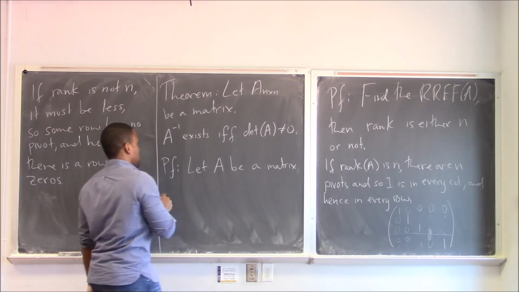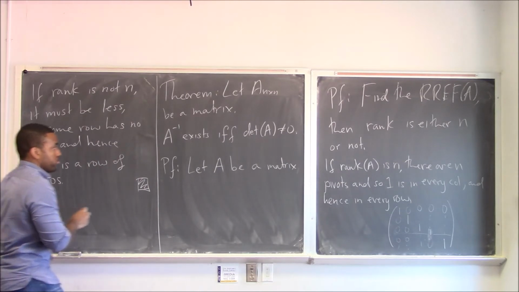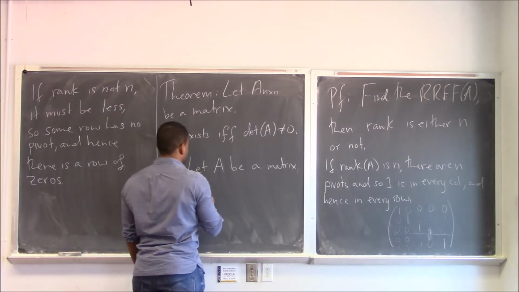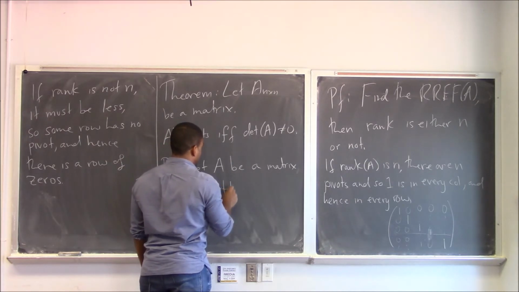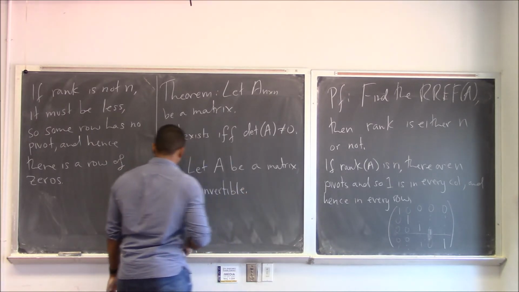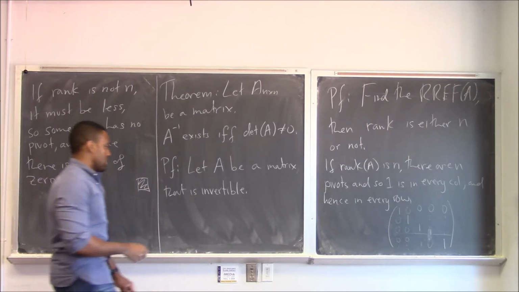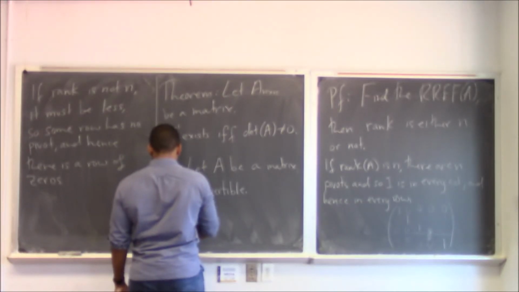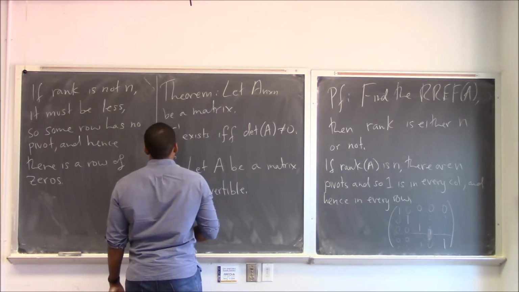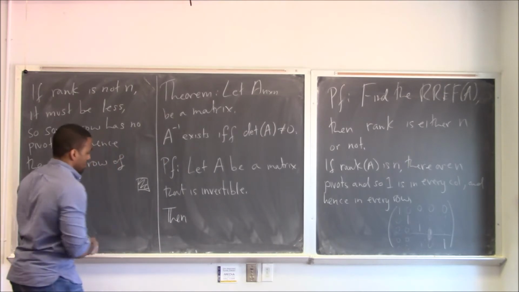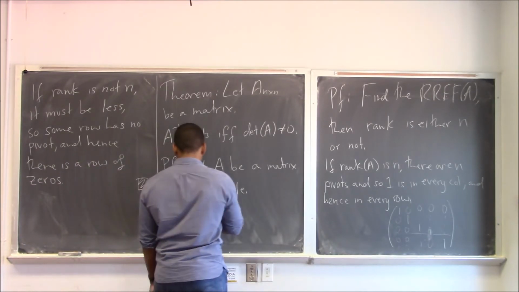Which way do I want to prove first? That A is invertible. So I know it has an inverse. Then, I say this without appealing to the equivalence theorem.